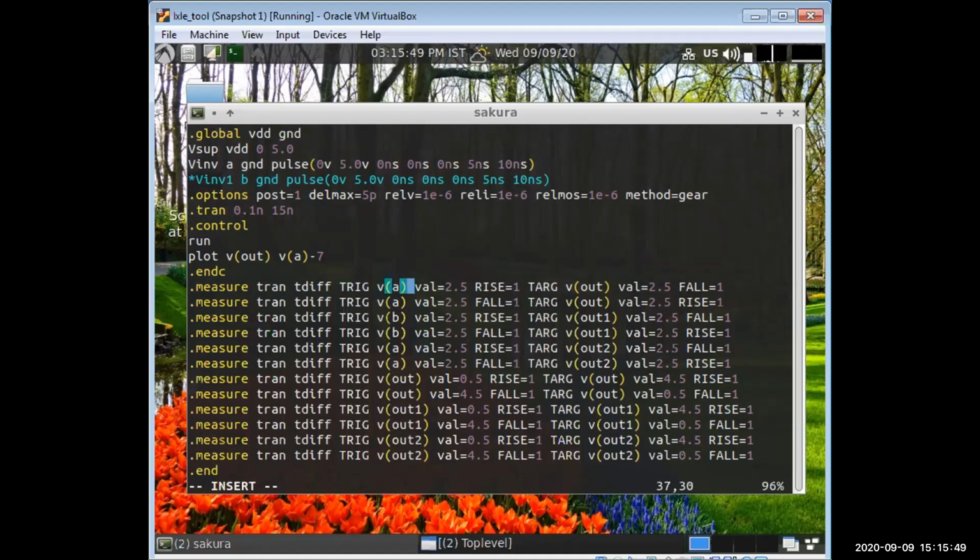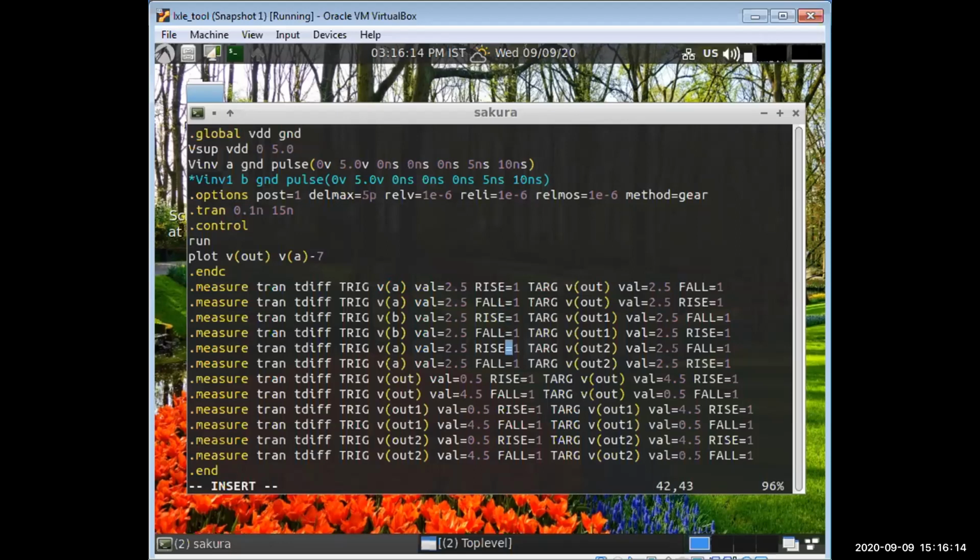So this is the input voltage. So input voltage 50%, that means 2.5, and output voltage 50%, that is 2.5. Rise and fall one means for the first rise and for the first fall of the graph. Then this is VA, that means this is for the fall to rise, that means TPLH, from low to high.